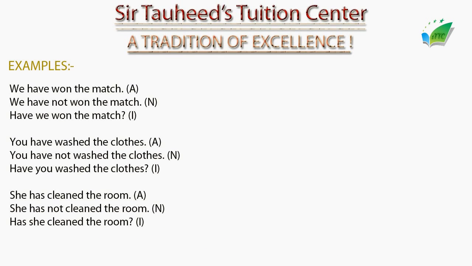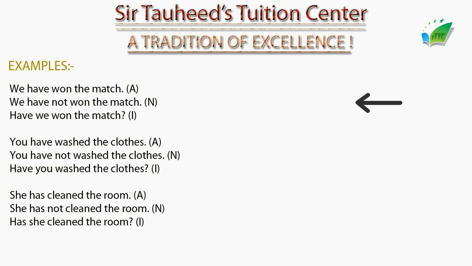Now let's have a look at some examples. Here the first example is, we have won the match. We have won the match means we have already finished this match and we have already won it. The match is not going now, it is ended. Now, if we look at the sentence, the subject here is we, which is called first person plural.